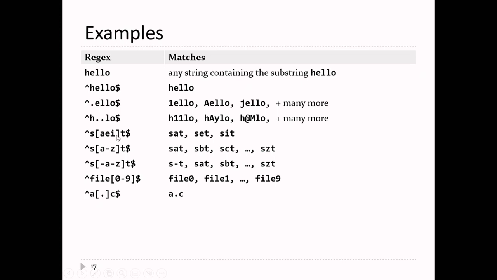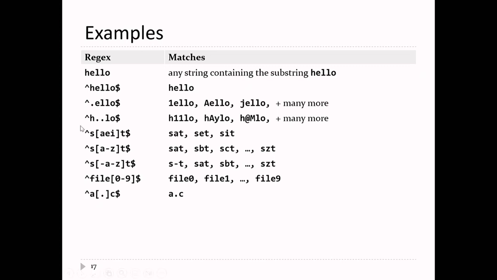If you want to specify a single character, but you want it to be one of several characters, that's where you use the square brackets. So it starts with an S, followed by an A, an E, or an I, any one of those and only one of those, and ends with a T. So sat, set, or sit are the only strings that match that regular expression.